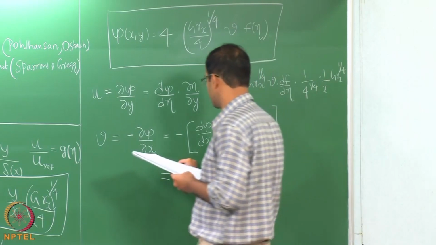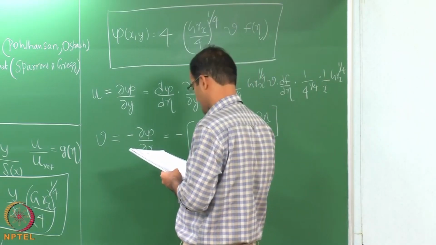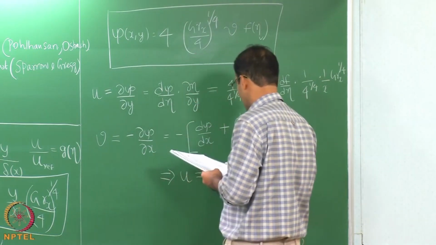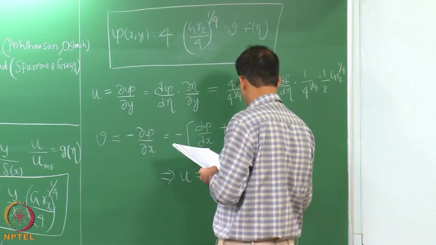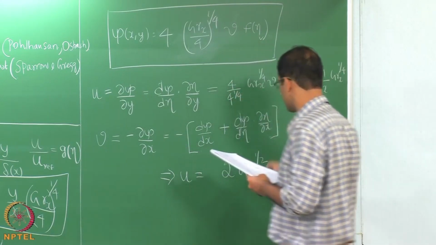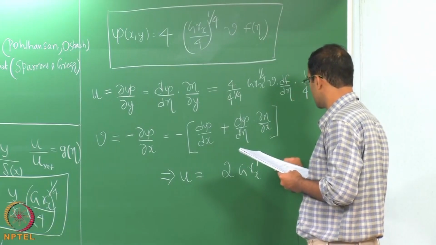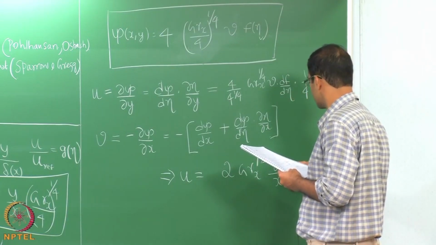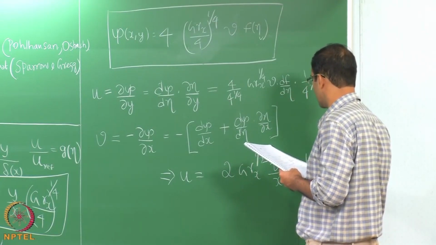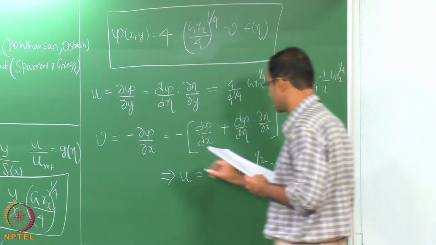Okay. So, this gives my u to be 2 into Grashof number raised to the power 1 by 2 into nu by x into df by d eta.